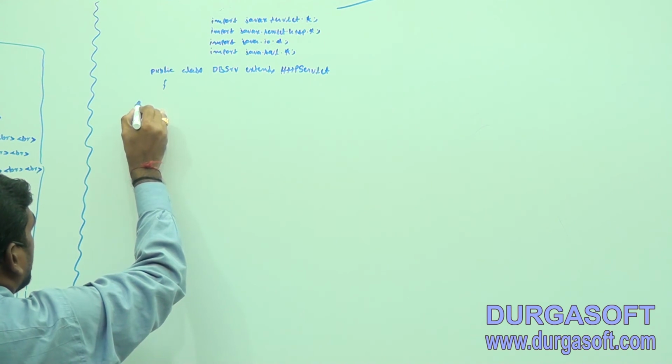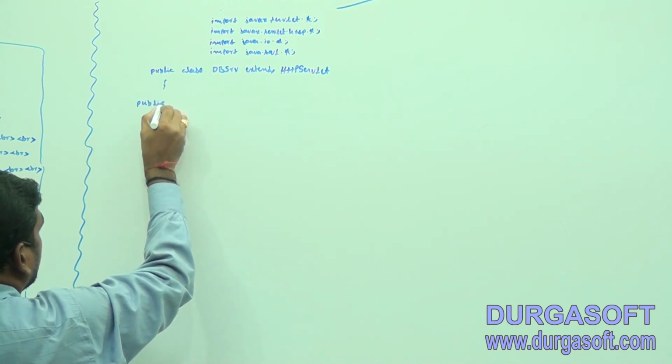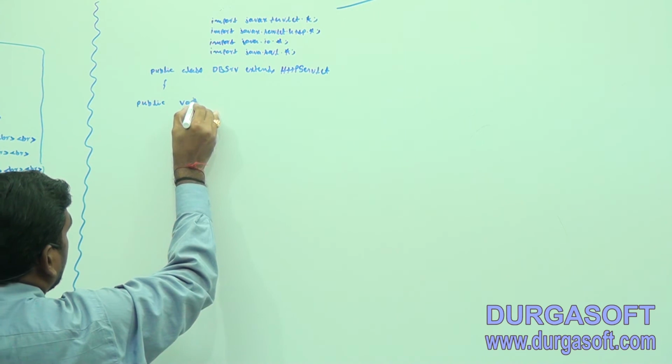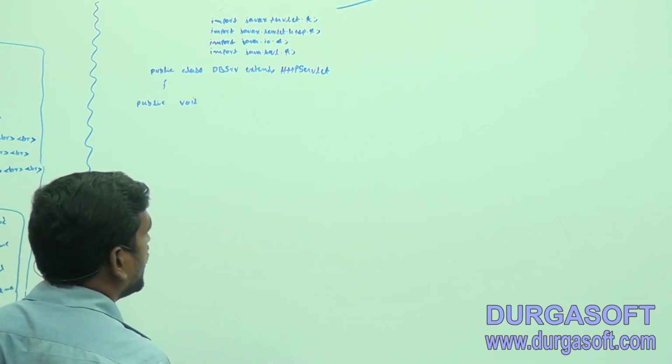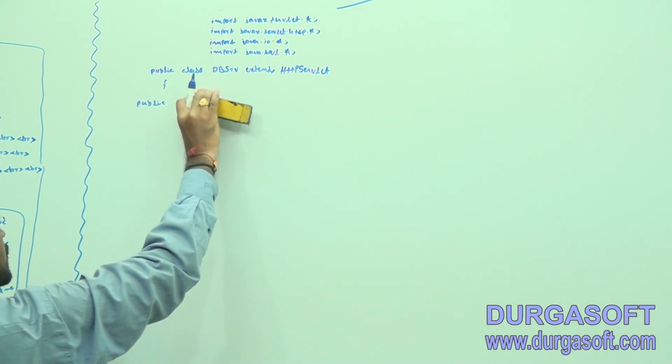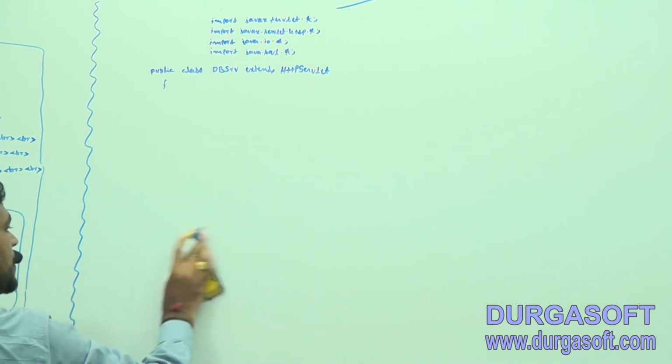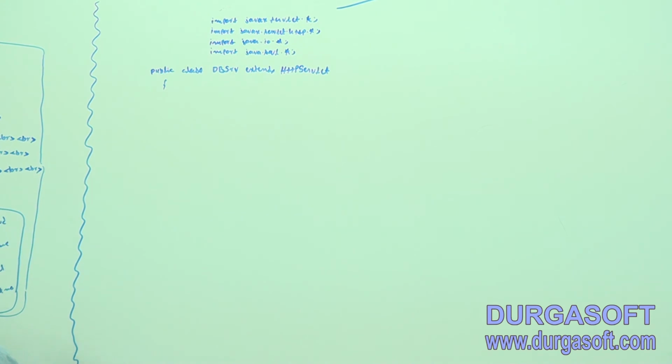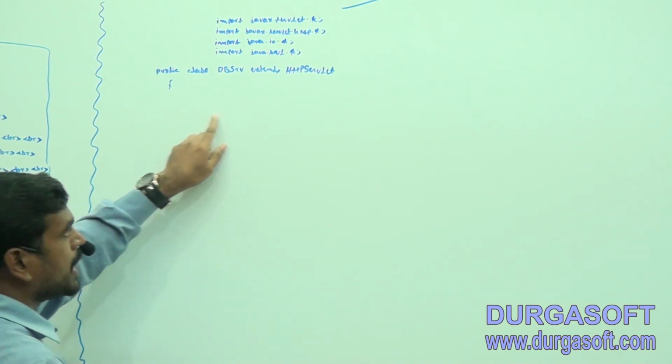Then next after that public void, okay, either doPost or doGet. Here on the client side, what am I taking? Post.